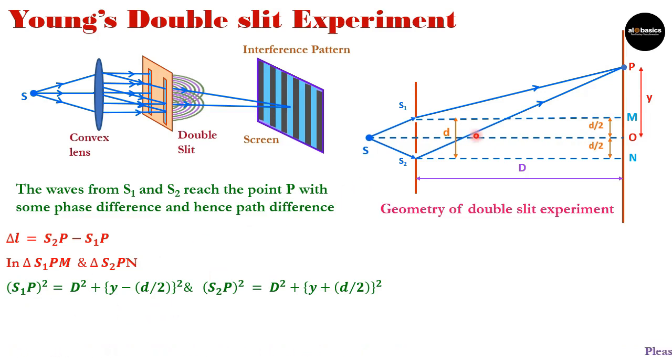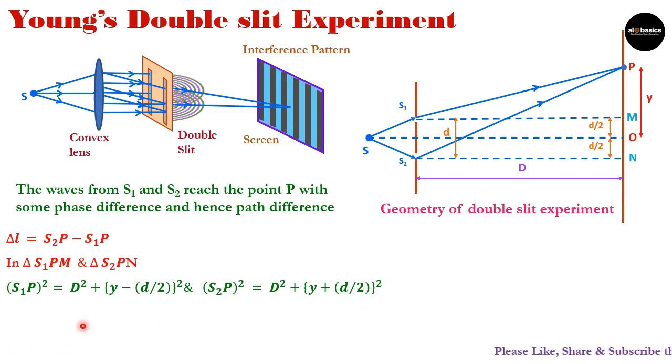Similarly, in the second triangle S2PN, we can write S2P square is equal to D square, because S1M and S2N are the same, plus (y plus d/2) whole square, because PO is y and ON is d by 2. So we can write this as D square plus (y plus d/2) whole square.